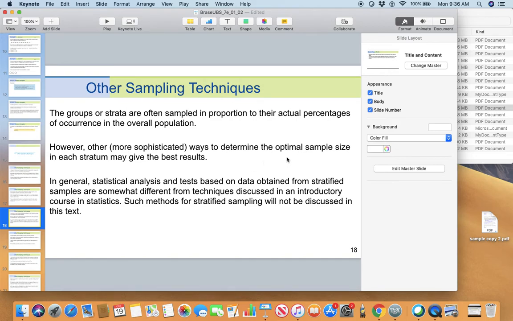There are more sophisticated ways to determine the optimal sample size in each stratum. In general, statistical analysis and tests based on data obtained from stratified samples are somewhat different from techniques discussed in an introductory course. Such methods for stratified sampling will not be discussed in this text. In general, deep studies use other kinds of stratified sampling which are not to be discussed in this text.